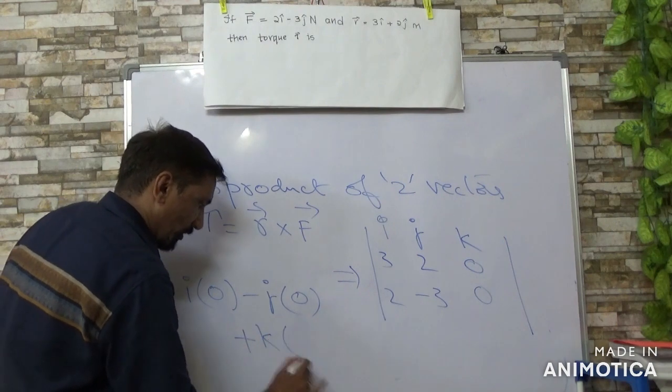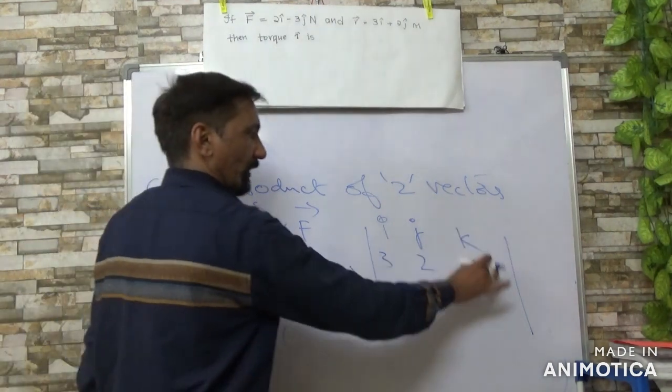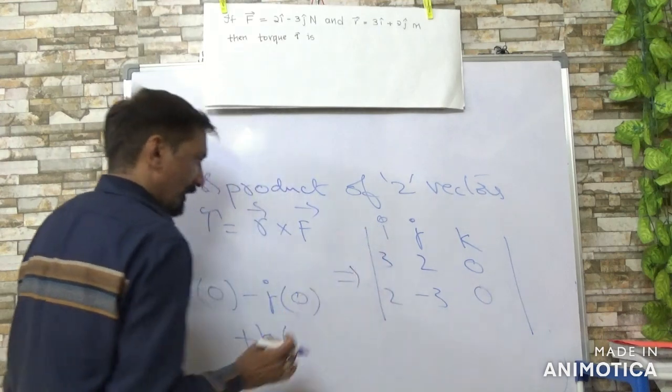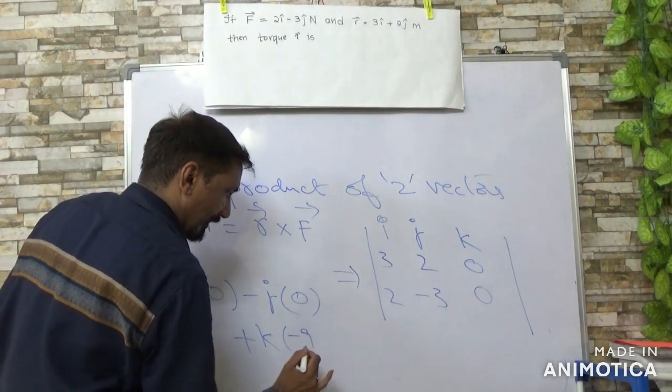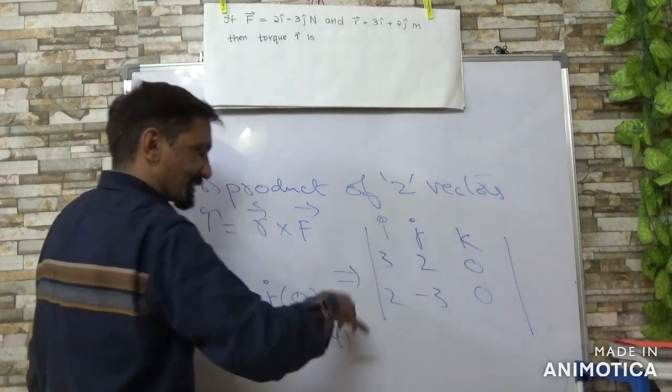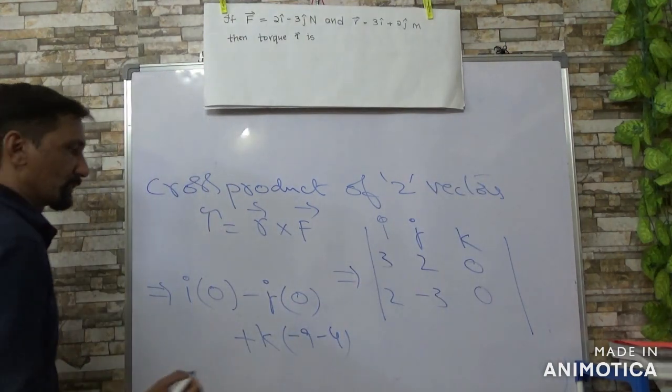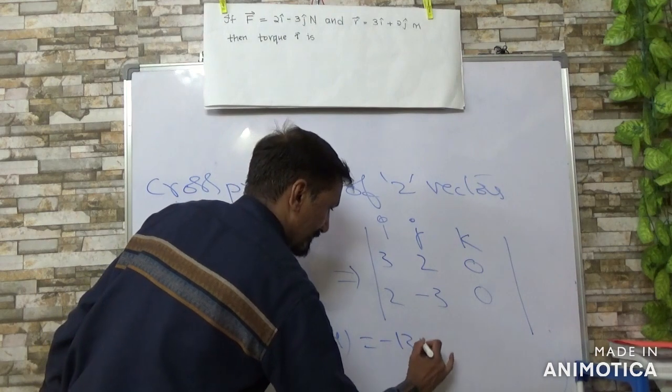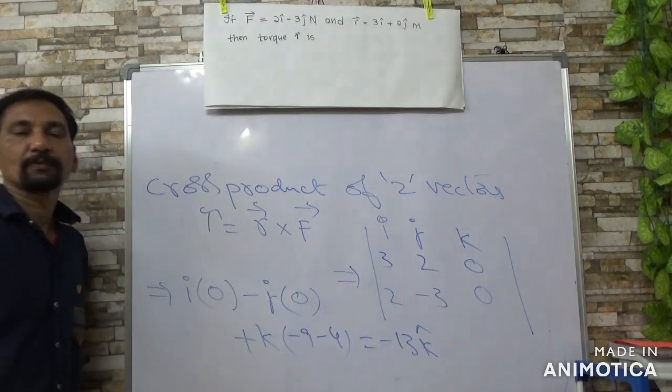Plus K, right minus left: minus 3 into 3, minus 4, always right side product minus left side product, so nothing but minus 13K. Okay.